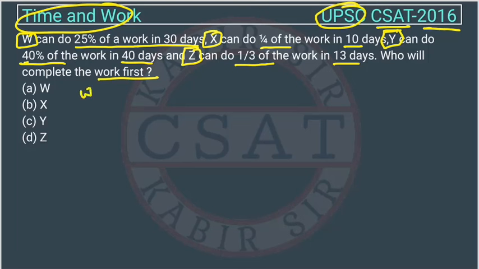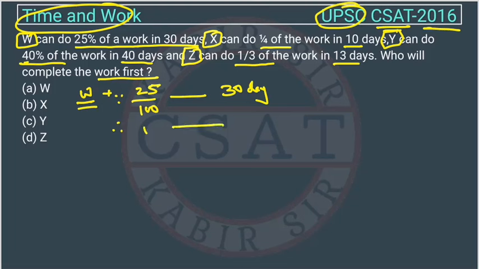Right, so they have given what? Let's take W first, right? So he is able to complete 25%, so we can write 25 by 100. He completes 25 by 100 of the work in how many days? 30 days, right? So therefore he will complete one work in how many days? 30 upon 25 upon 100.